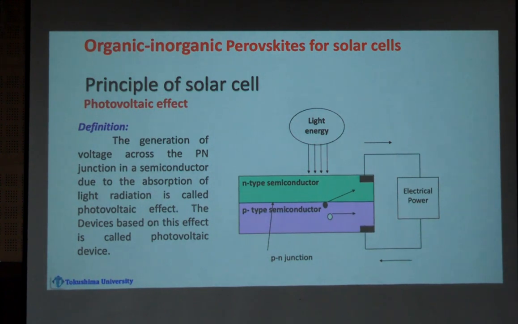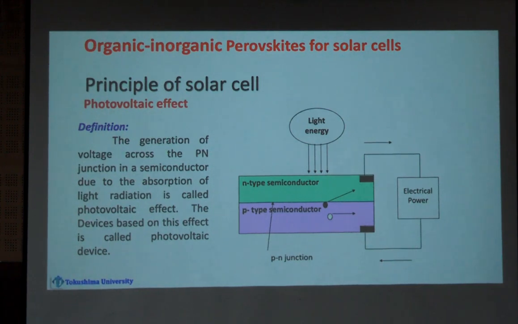It is very simple. Light is coming on this, this is the light energy, this is N type semiconductor, this is P type semiconductor, light is coming, and there is a change in the voltage across the junction.